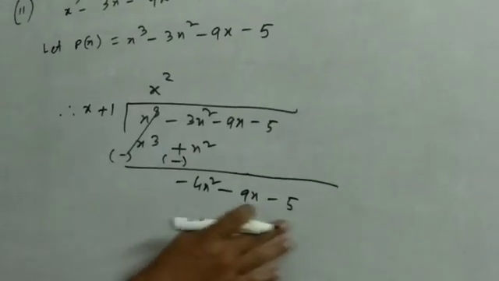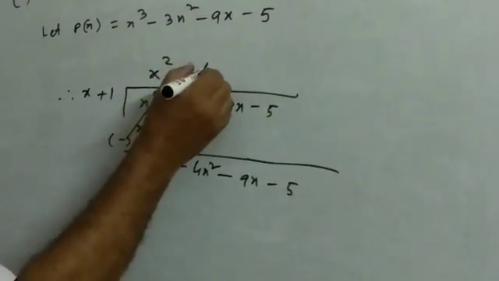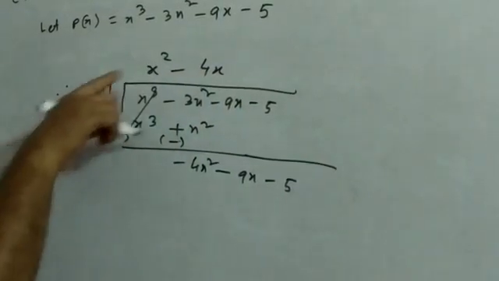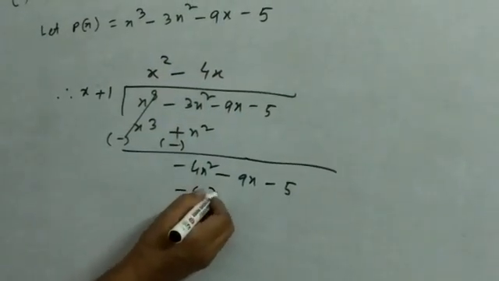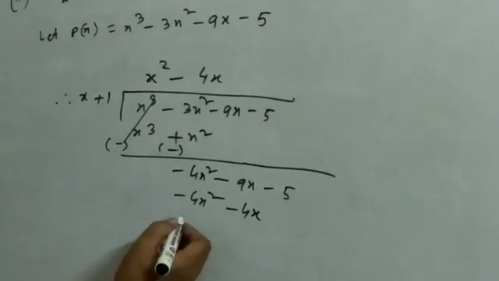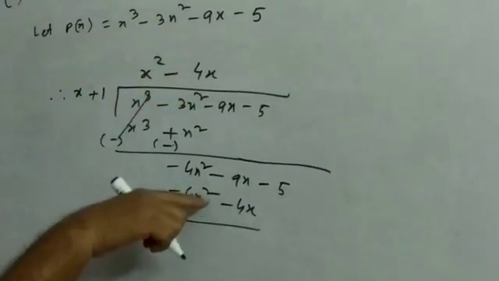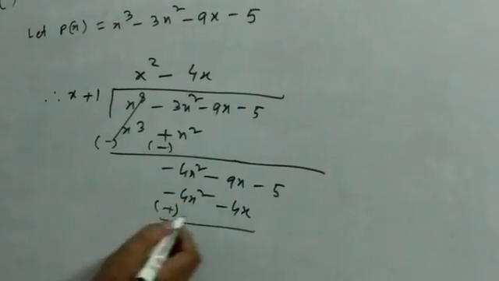Okay, now you see this term, but the sign of the first term is minus, so here minus. So the term is 4x. x into minus 4x is minus 4x square. Plus 1 into minus 4x is minus 4x. When you take out the term, before that note what sign. It is very important, the sign.